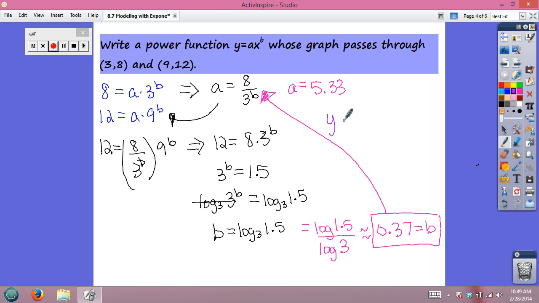Writing our power function, we will get y equals 5.33 times x to the 0.37 power. And that's our power function. Once again, quite a few steps, but remember, all we have to worry about is finding our a and b values and plugging them back into our equation.